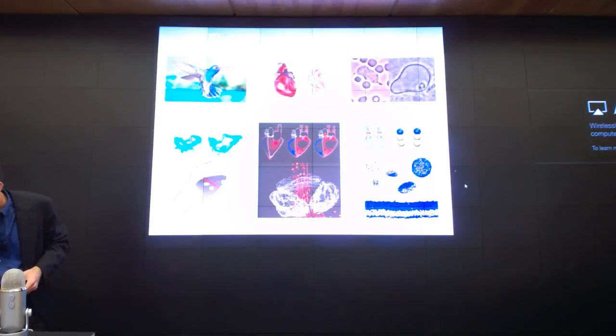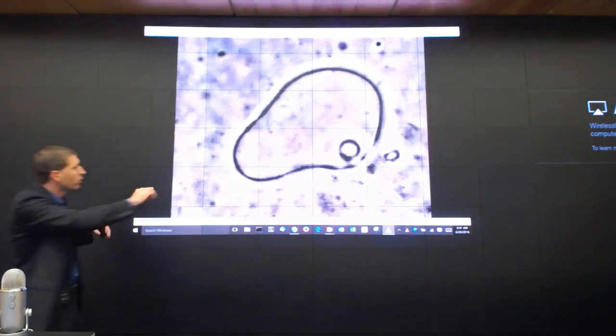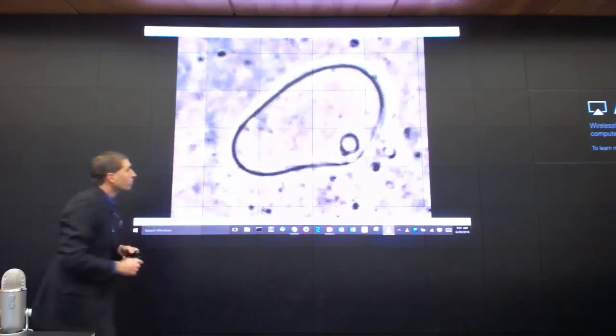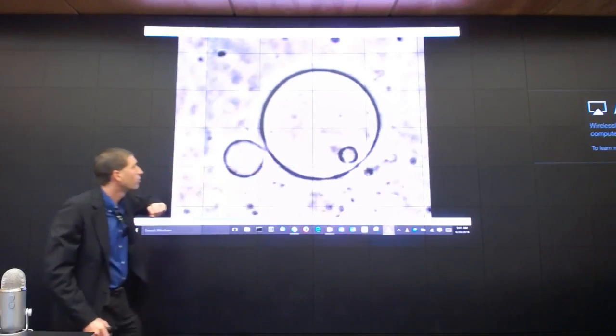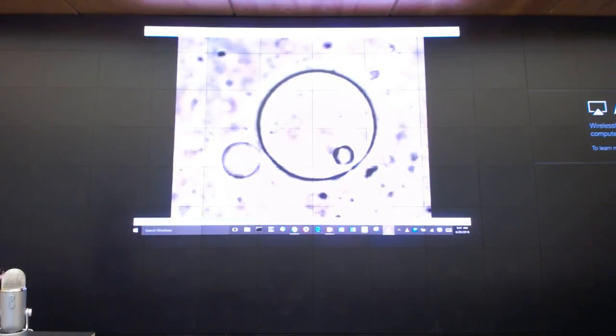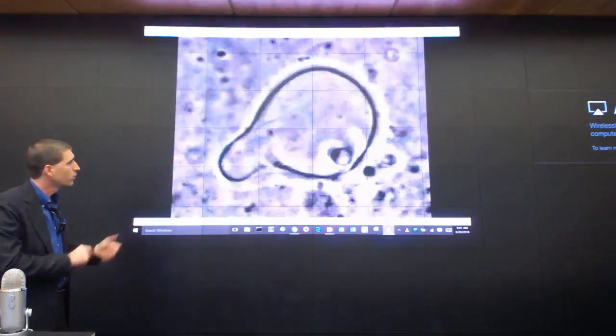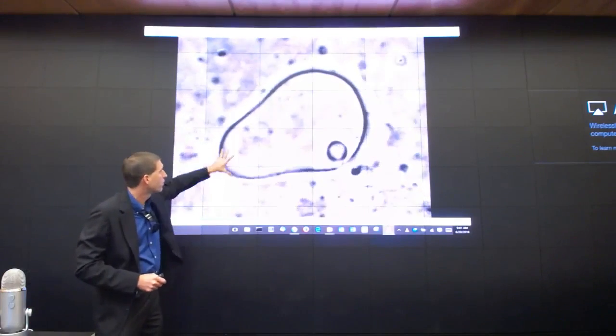Just to give you a sense of why thermal fluctuations are important, this is an example of a little vesicle that's coated with, well, there's a chemistry design, so it's got a coating that when you expose it to light, it changes the local spontaneous curvature. So you get a switching between a spherical shape to one that has a little bud because of that change in curvature.